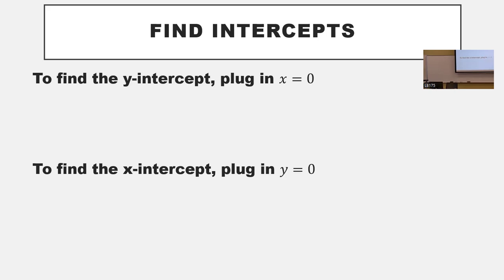To find the y-intercept, we plug in 0 for x. To find the x-intercept, we plug in 0 for y. And again, these are both singular because we're talking about lines right now, and we're going to have one of each. So I plug in 0 into x to get the y-intercept. I plug in 0 into y to get the x-intercept.